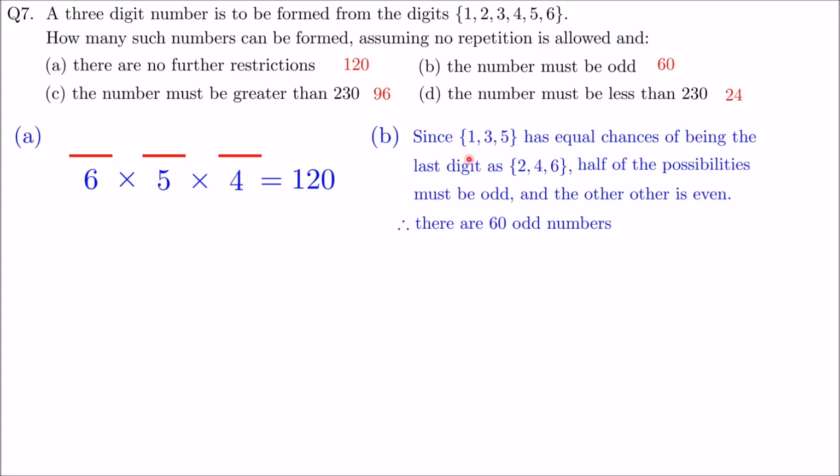We've got the same amount of odd digits and even digits. If they're the same amount, then there's equal probability that the number is even or odd. So therefore, half of the grand total must be odd numbers, and the other half must be even. There are in total 120 possibilities, so naturally, half of them are odd.